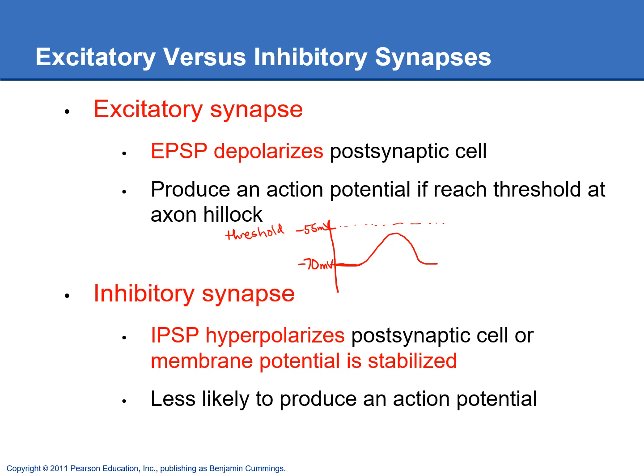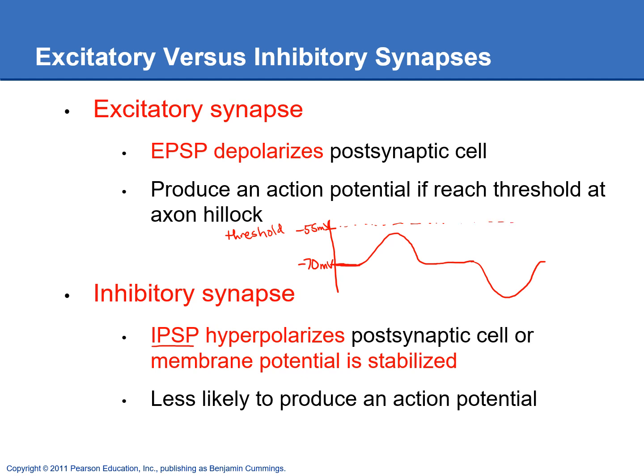And then an IPSP, what's going to happen there is, if we're at our resting membrane potential of minus 70 millivolts, if an IPSP is created, it will hyperpolarize the cell. So we're going to become more negative inside that postsynaptic neuron, and that's inhibitory because you're getting further away from threshold.